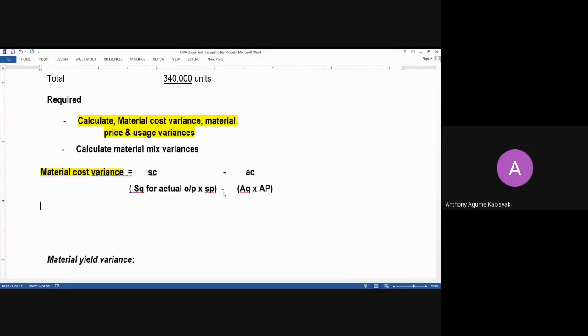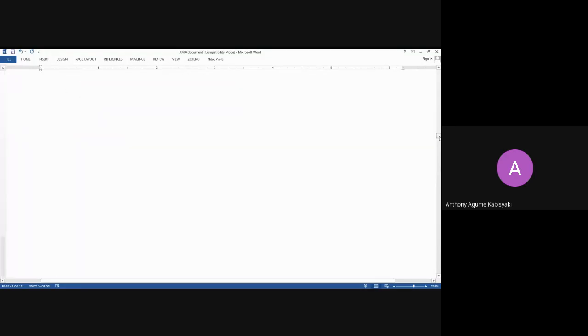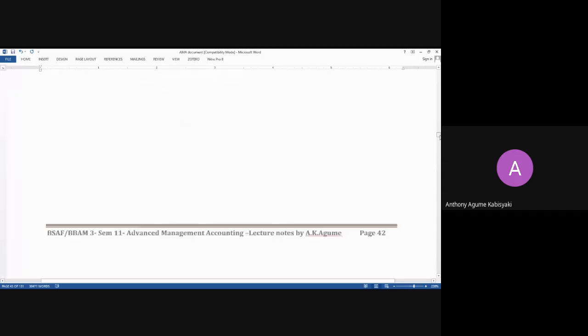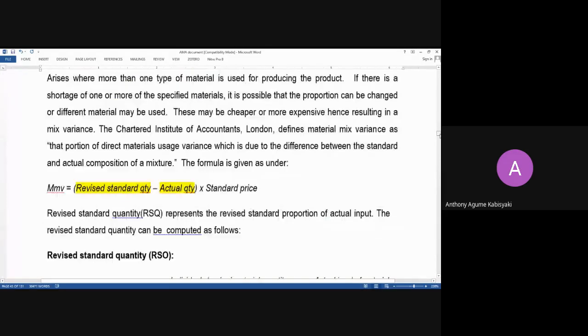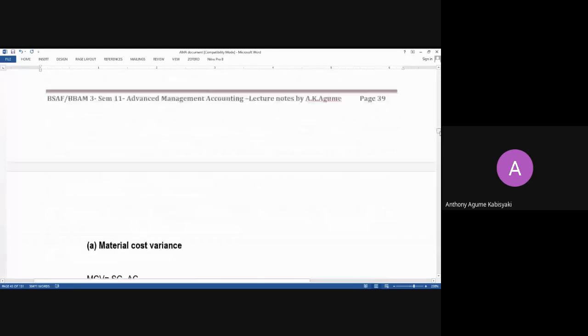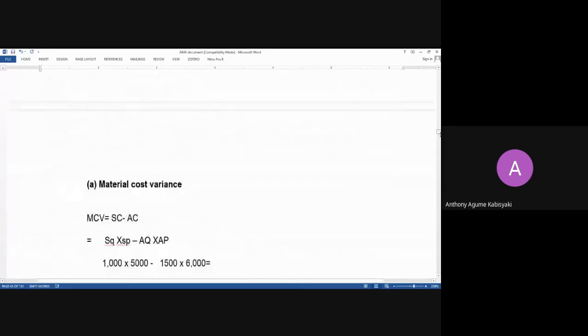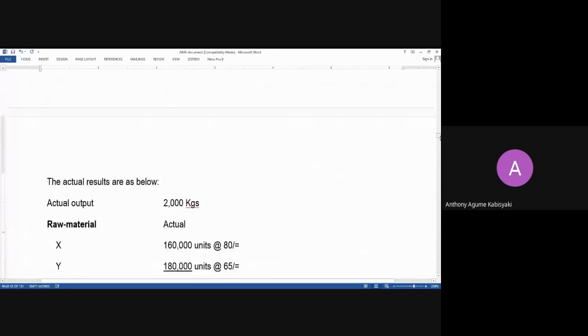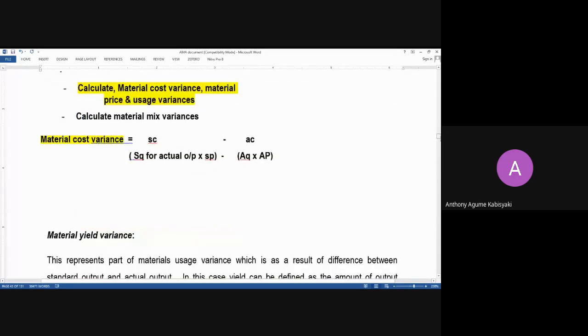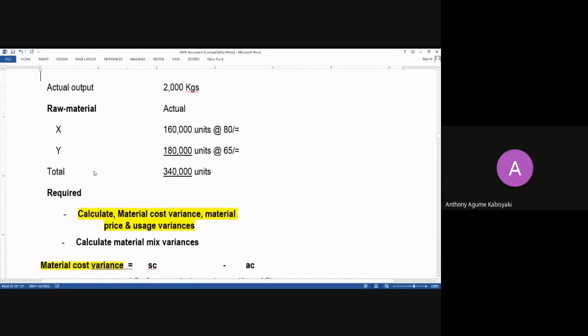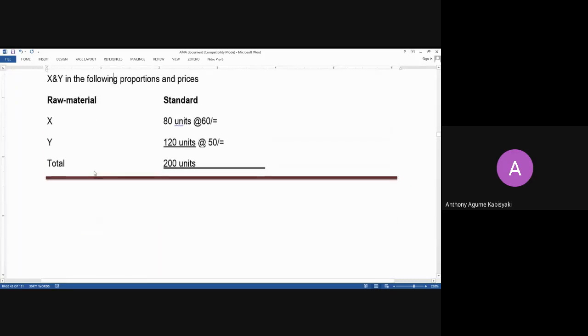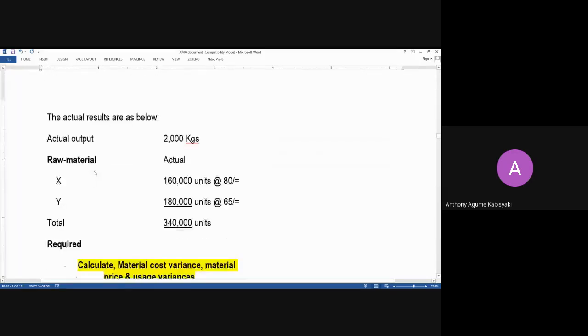Now, meaning that if I look at this scenario that I've been given, and I want to compute my variance here, I have two raw materials, X and also Y, and I'm going to compute for each.